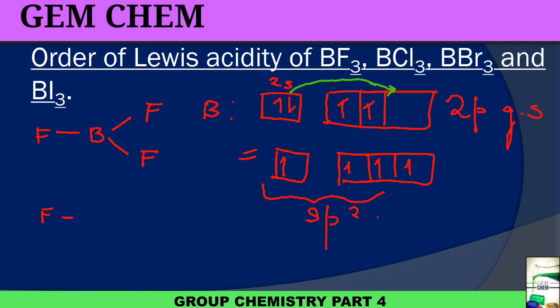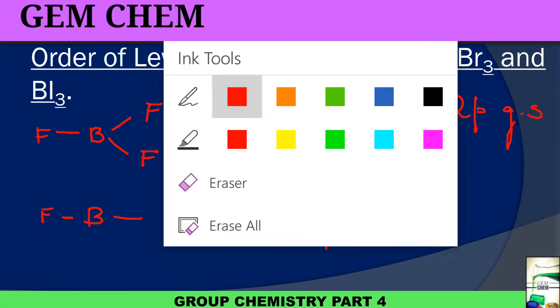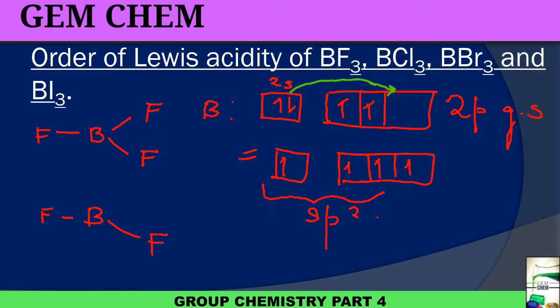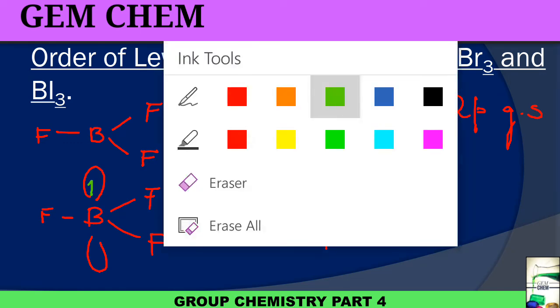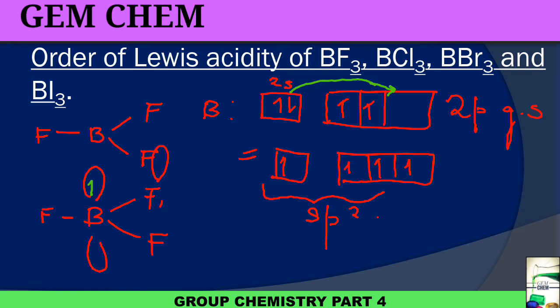Here fluorine, boron and the 2 fluorines on both sides. And if you draw the orbitals, this is an orbital with 1 electron, as we can see, and these orbitals which are present here, here, here, another here, another here, are filled up orbitals.